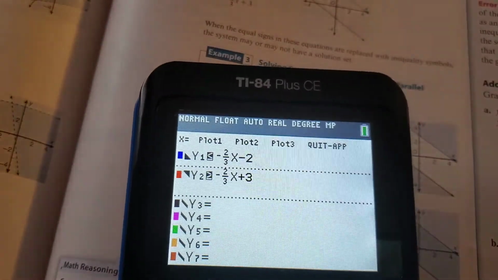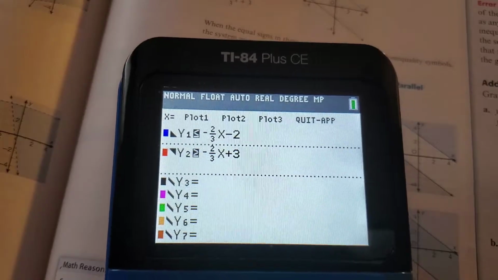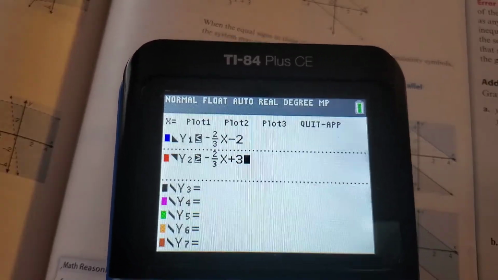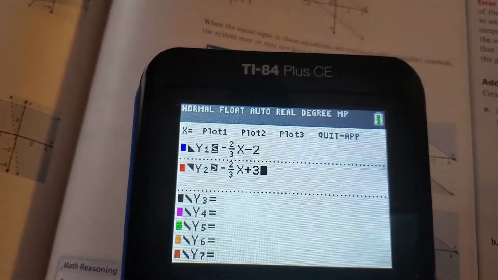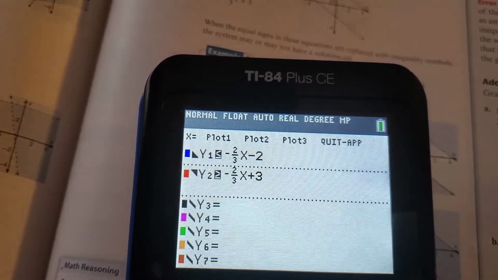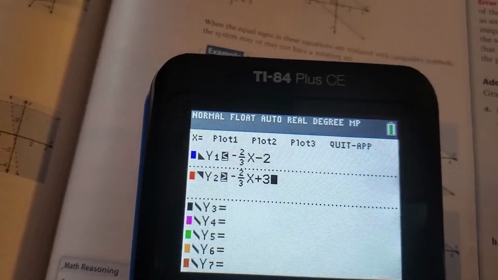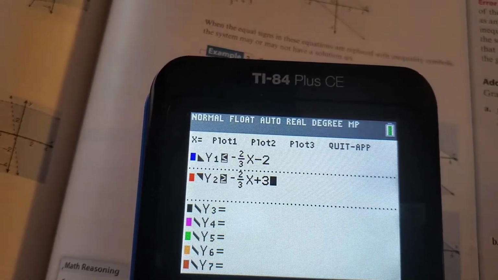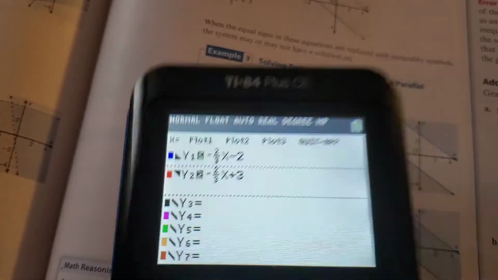I already put it here, -2/3 x minus 2 and -2/3 x plus 3. One of them is going to be less than. So the first one is y is less than or equal to -2/3 x minus 2. The second one is y greater than or equal to -2/3 x plus 3. Now we're going to graph.